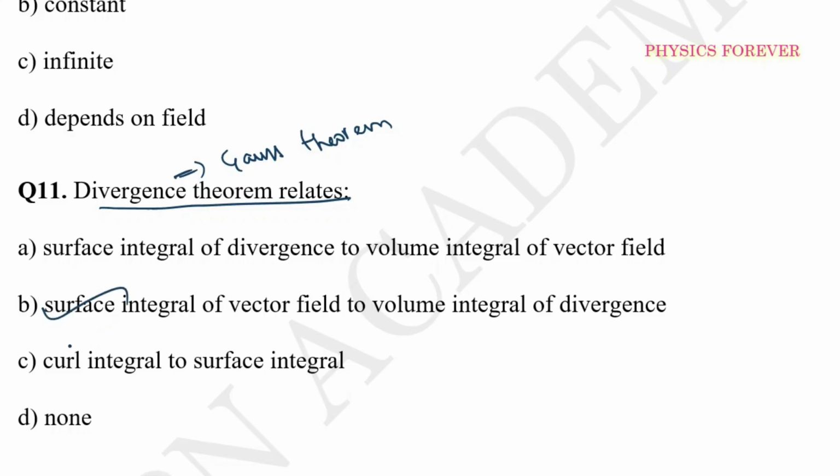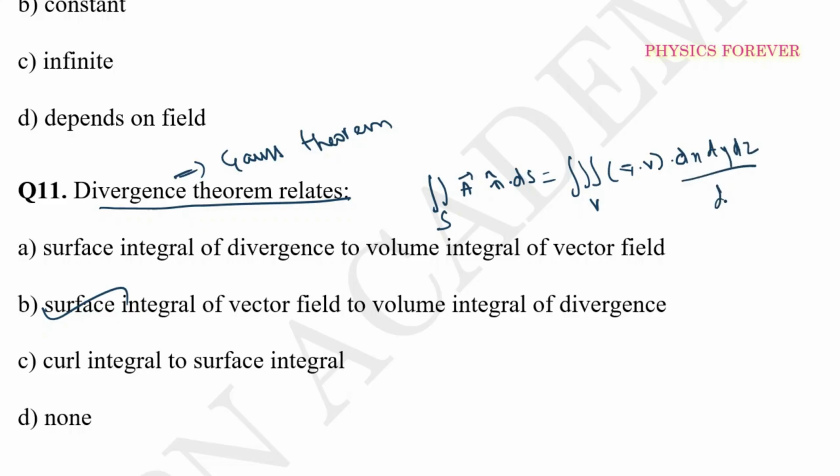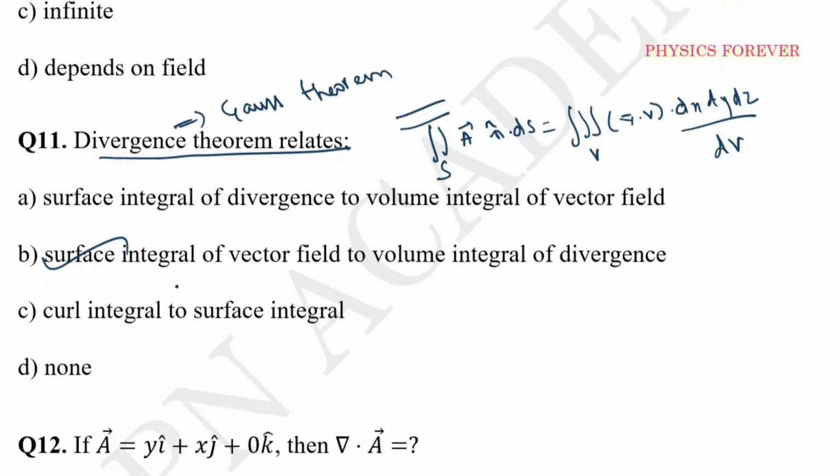Option B is the surface integral of vector field to the volume integral: the surface integral of A dot n cap dS equals the volume integral of del dot V dx dy dz, or we can put dV. Sometimes they may ask it as an equation like this. So definitely a question will come. Option B is correct.